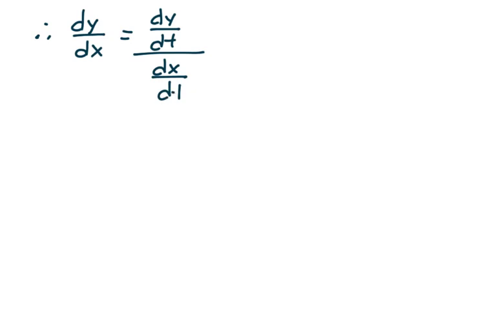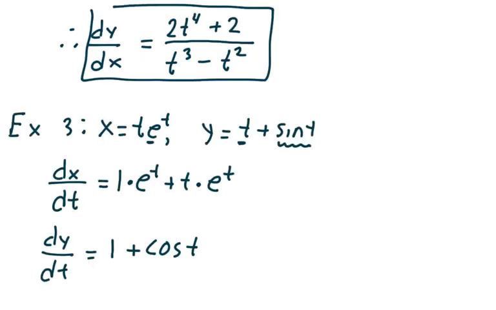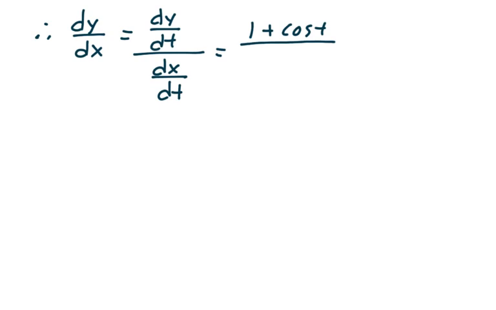So therefore, dy/dx is equal to dy/dt divided by dx/dt. And so that's 1 plus cosine t for the numerator. And for the denominator, I get e to the t plus t e to the t.